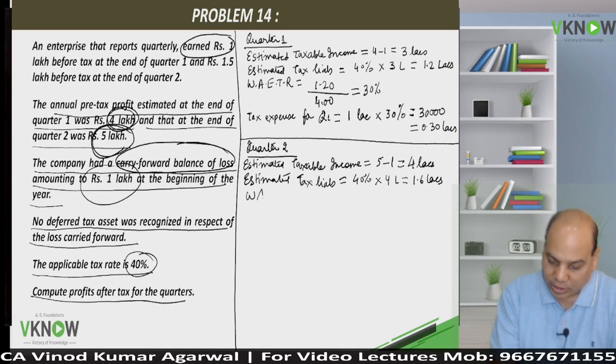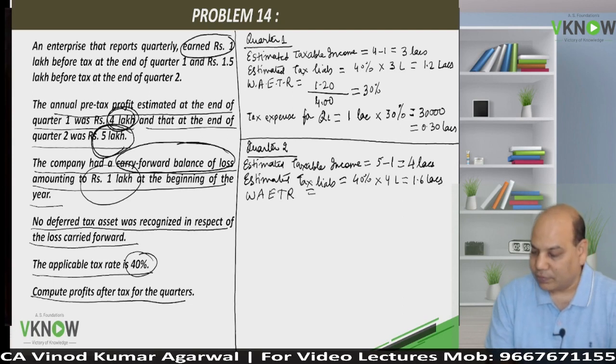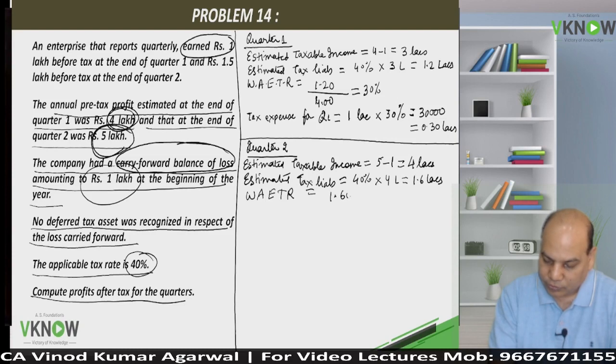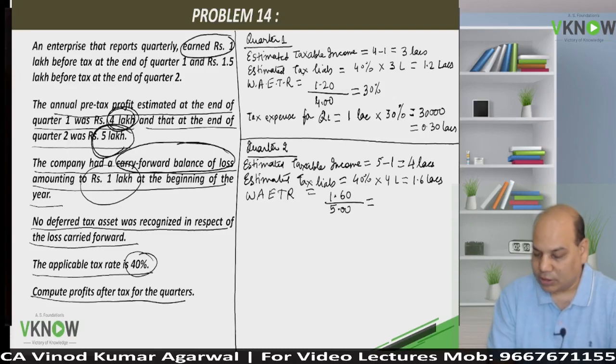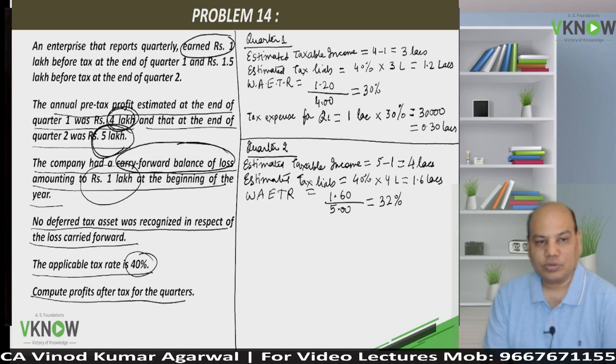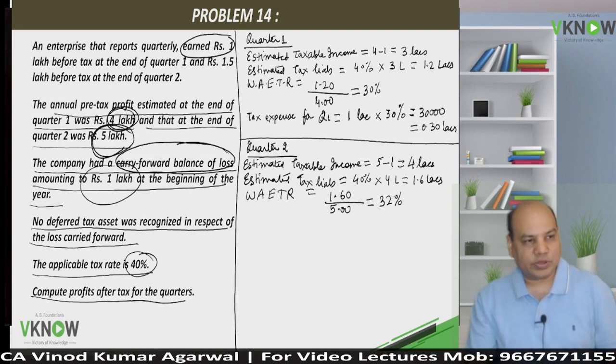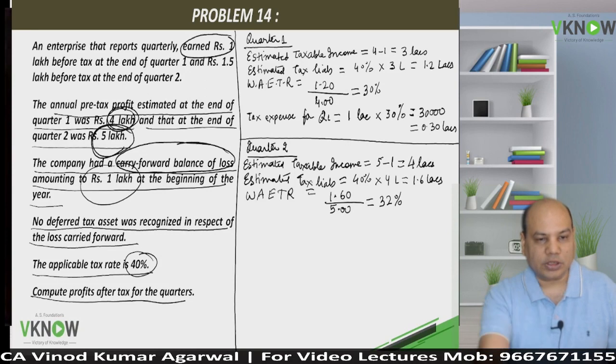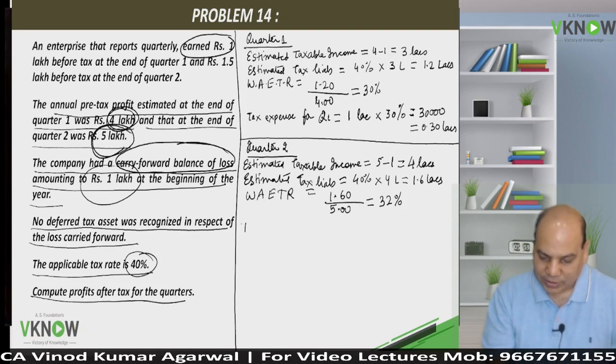And my weighted average effective annual tax rate at the end of quarter 2 will be 1.60 lakh divided by 5 lakh normal income. That comes to 32%. I hope this is right. That comes to 32%.